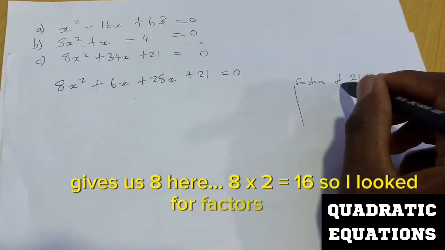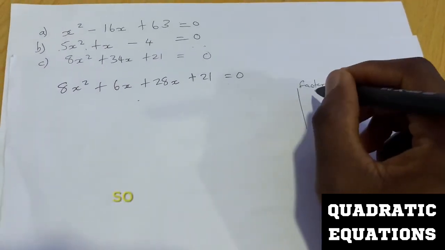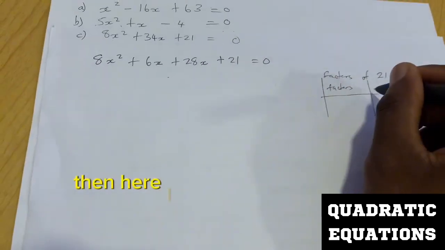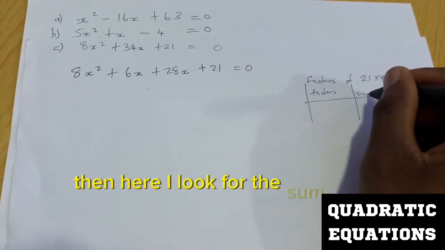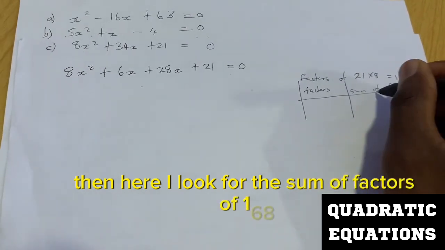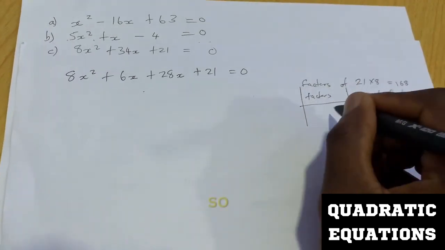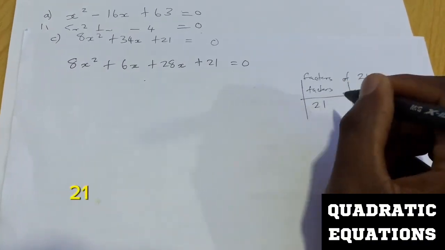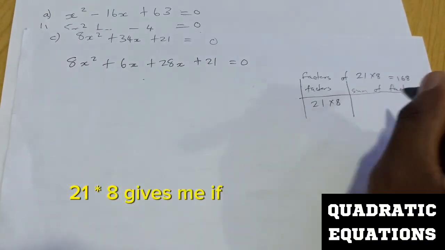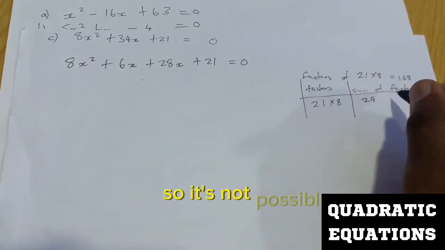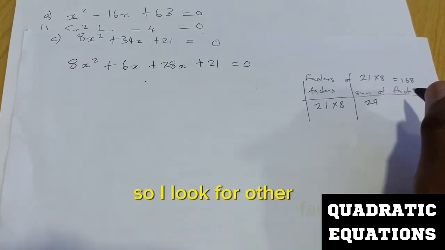So I looked for factors of 168, and then here I look for the sum of factors of 168. Okay. So 21 times 8 gives me, if I add this one, I get 29. So it's not possible. So I look for other factors.